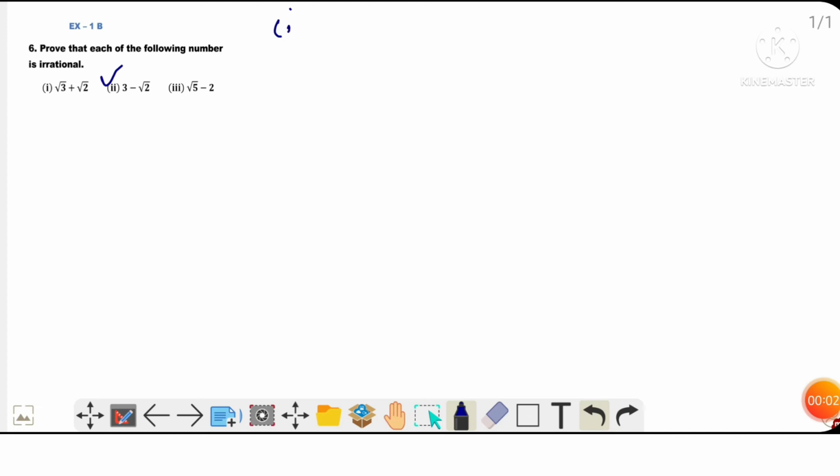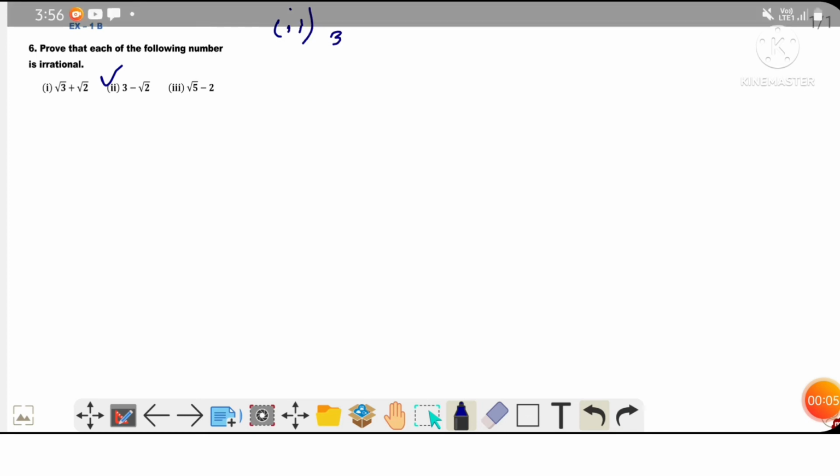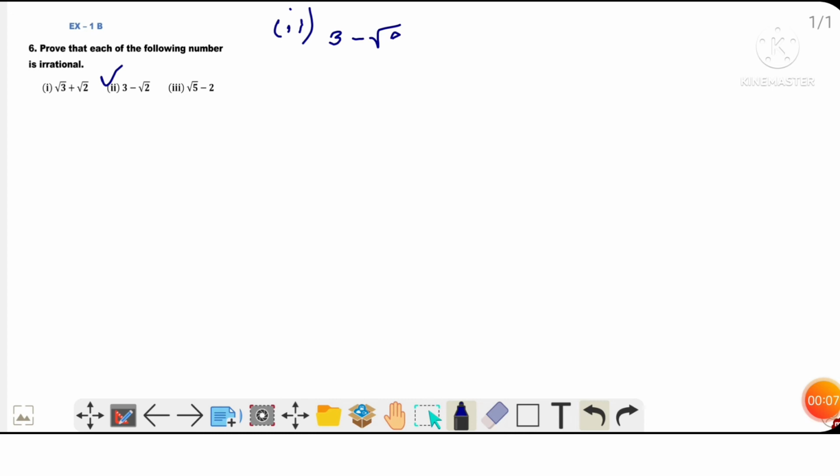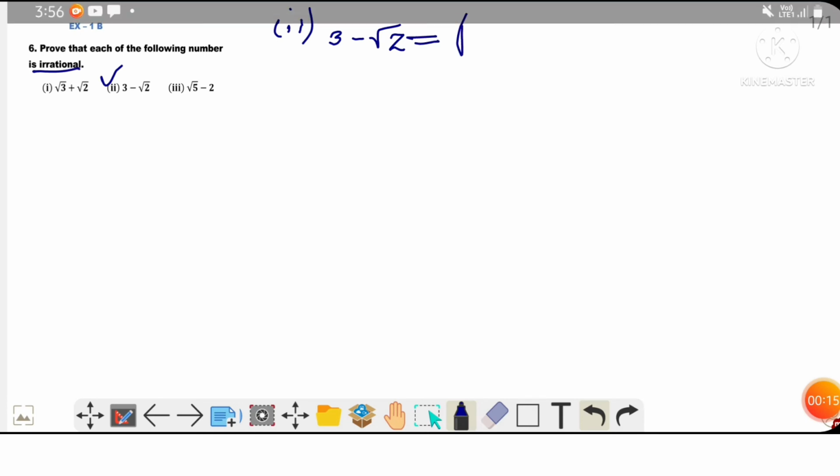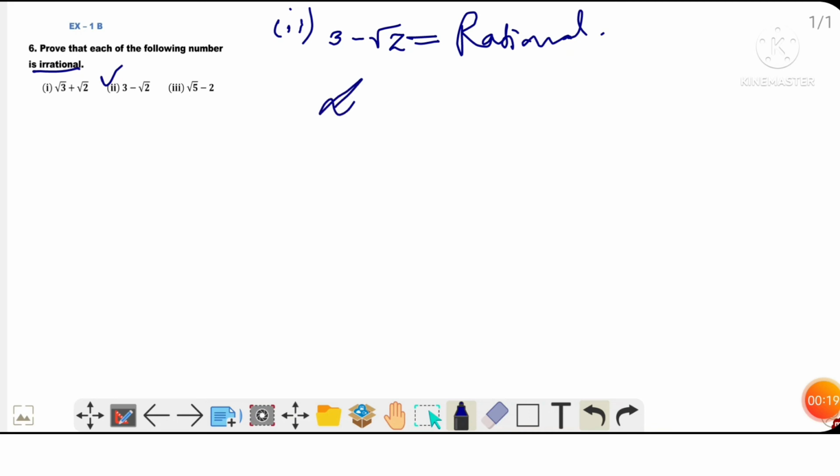Moving on to the next question, that is question number 2 of question number 6. That is 3 minus root 2. We have to prove this number is irrational. So in the same way, like we have done in the previous sum, question number 1, we will prove that this number is irrational. So we have to assume that 3 minus root 2 is a rational number.